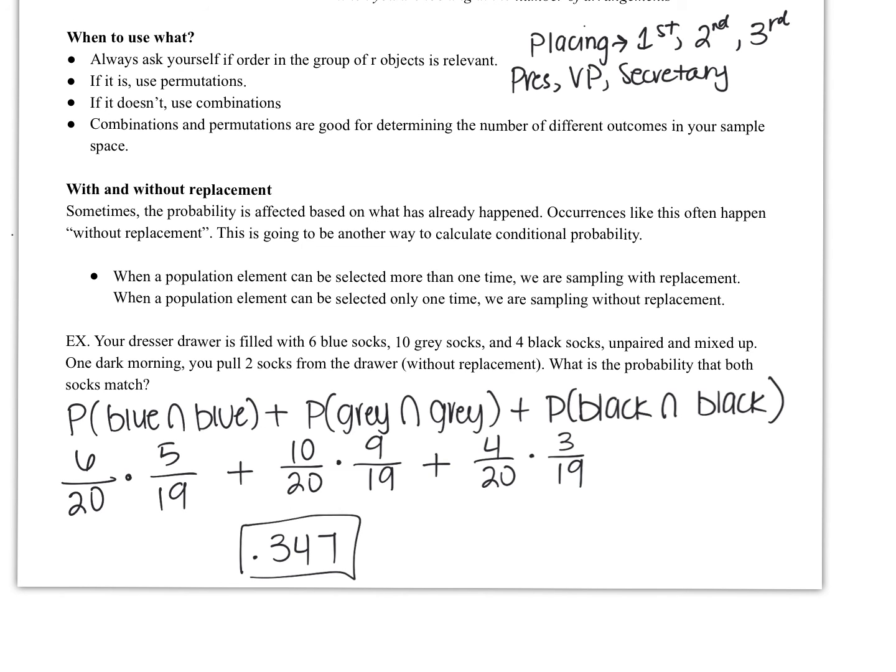It's going to be gray, because most of the socks are gray, so it has the highest probability of happening. You could do any combination of 2 colors, like what's the probability I get a blue sock and a gray sock, so 6 out of 20 times 10 out of 19. There could be ways you do the probabilities where only the denominator changes if you're looking at 2 different color socks.